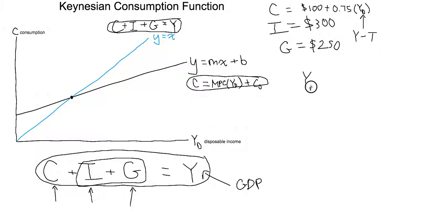Disposable income, if you might remember, is the total income after taxes have been taken out. So taxes should not be part of your disposable income because if they've been taxed, then you can't spend it.